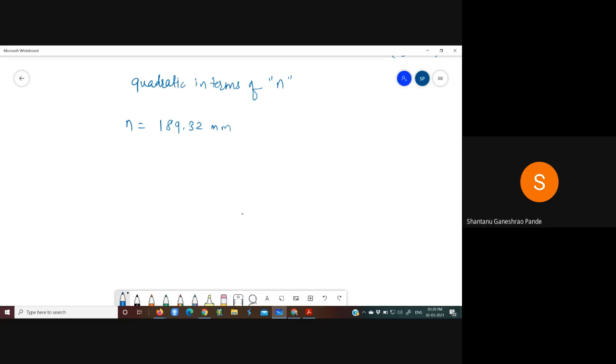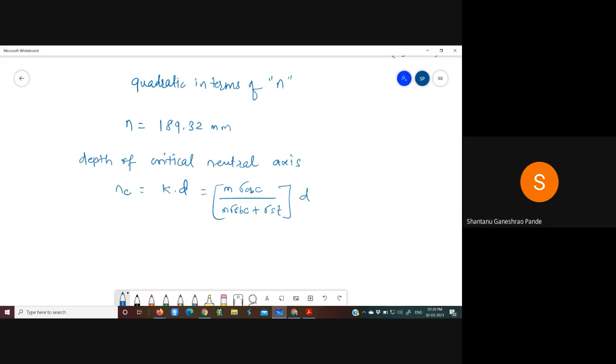For that you will have to calculate the depth of the critical neutral axis, which is equal to K into D. K is the neutral axis factor, which can be calculated as m sigma CBC divided by m sigma CBC plus sigma ST, multiplied by D. D is already known to you.